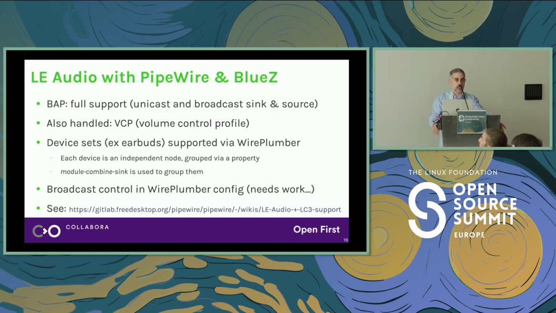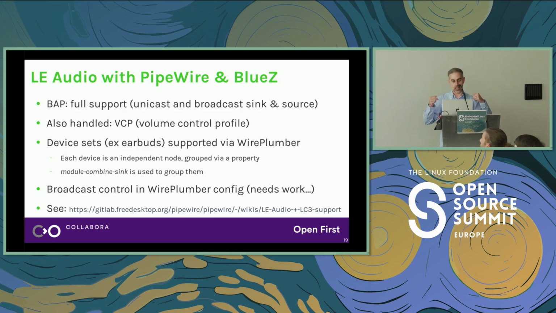In addition, it handles the volume control profile in coordination with BlueZ, so when there is a volume control change, it can be reflected in the PipeWire graph and vice versa. We have support for coordinated device sets like earbuds, where earbuds will appear as two devices. They are two devices.